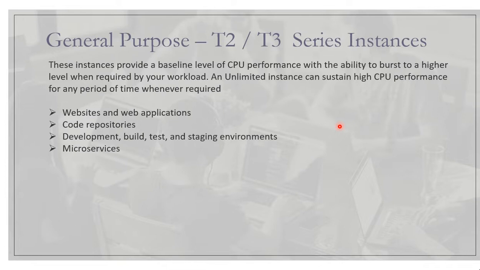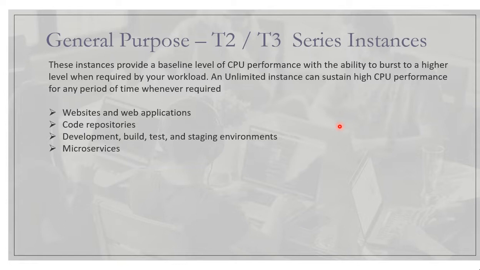T2, T3 series: basically these instances provide a baseline level of CPU performance, with the ability to burst to a higher level when there is a sudden workload. These T2, T3 instances are good for our website, web application, code repositories, development, build, if you want to create a dev server, a test server, or a server with microservices.